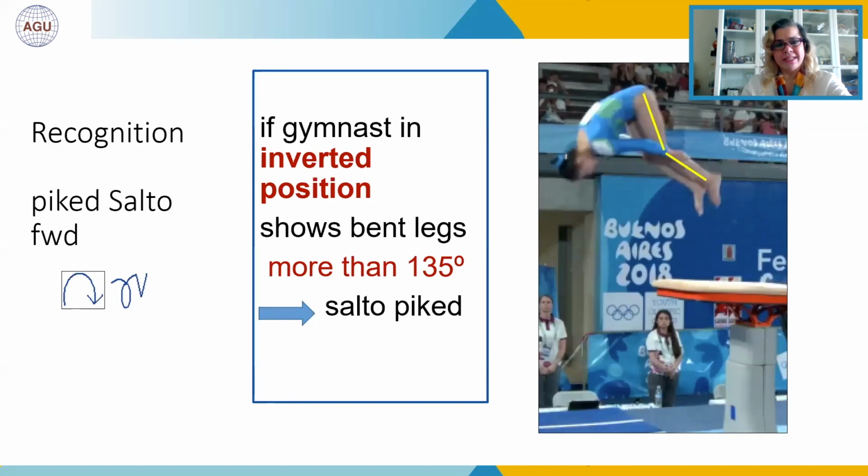To recognize the pike salto, if the gymnast in inverted position shows bent legs more than 135, which means she's more close to the 180 straight legs, then we consider it pike salto. It means she has a maximum until 135 degrees or more, which means closer to 180.